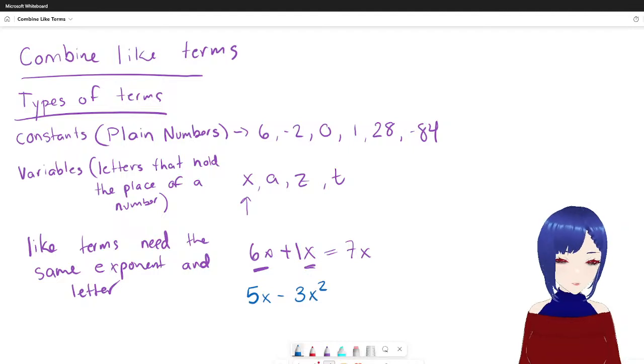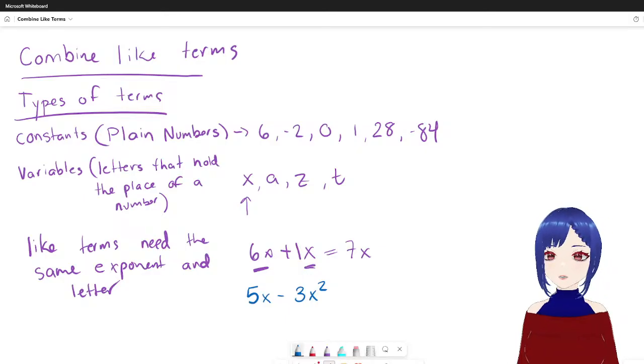So 5x has an x, that 3x squared has an x squared. The exponents are also different. They create a different type of term. So I cannot combine 5x and 3x squared because they need to have the same letter and exponent.